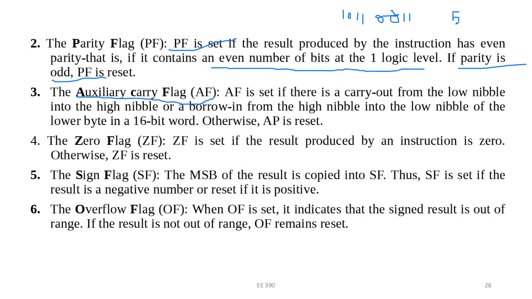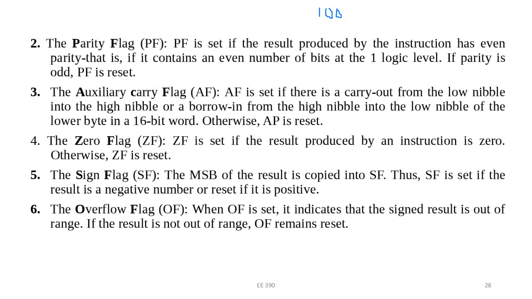So let's see an example for this one. 1 0 0 1 1 1 0 1, and 0 0 1 0 1 0 0 1. For example, we have two numbers.